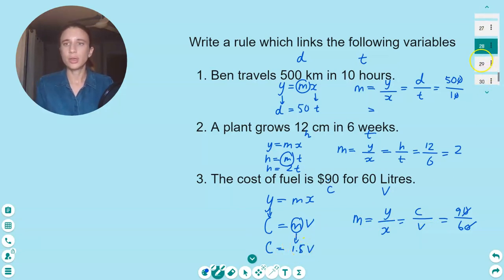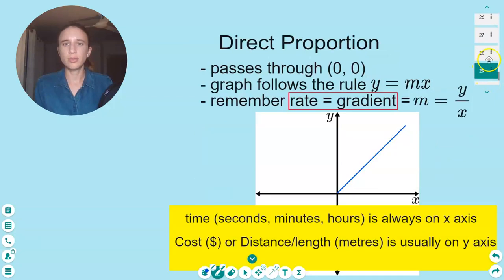And that's all that there really is to direct proportion. These are the key takeaways. You're halfway there if you realize that direct proportion is a graph that passes through 0, 0. And then we also need to remember the graph follows the rule y equals mx, and we write equations leaving y and x in.